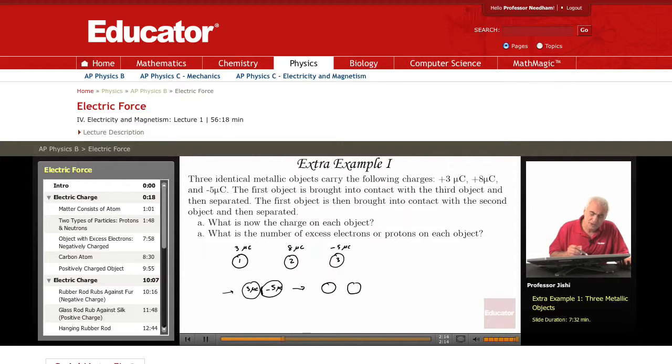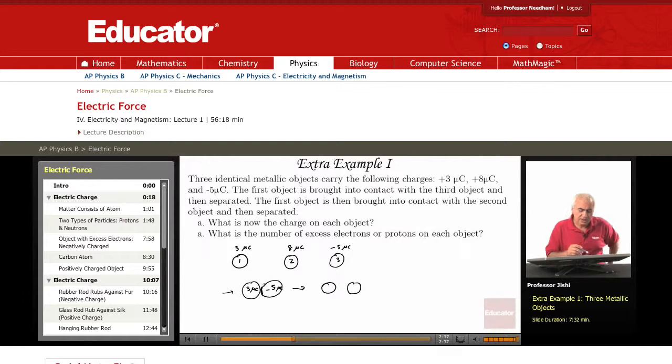So here there's positive charge, here there's a negative charge, so charge will move between them. It will keep moving until, since they are identical objects, in the end the charges become equal. When the charges become equal, there's no further transfer of charge.